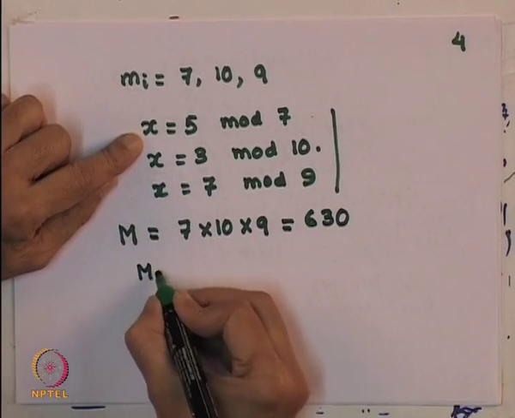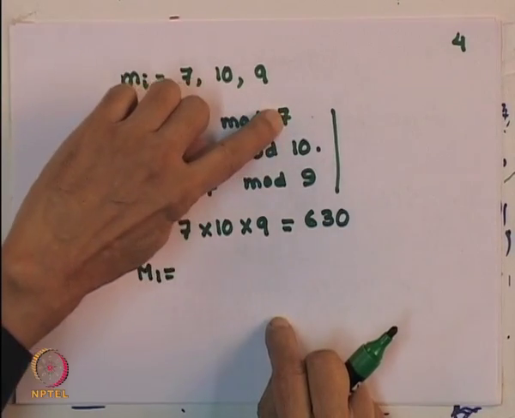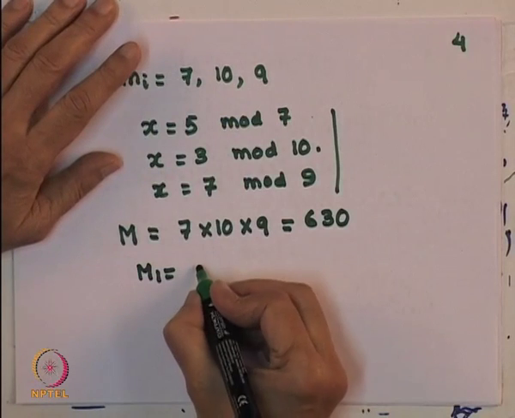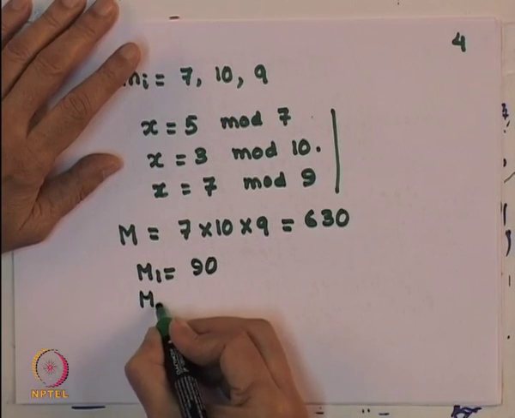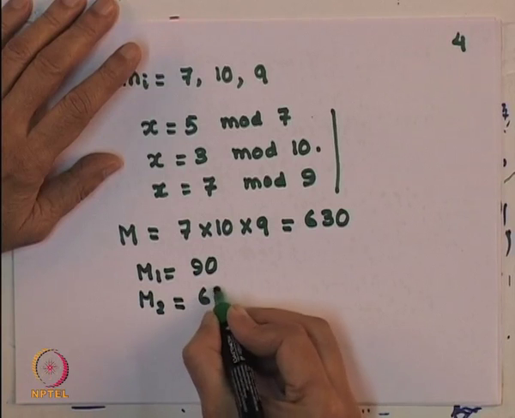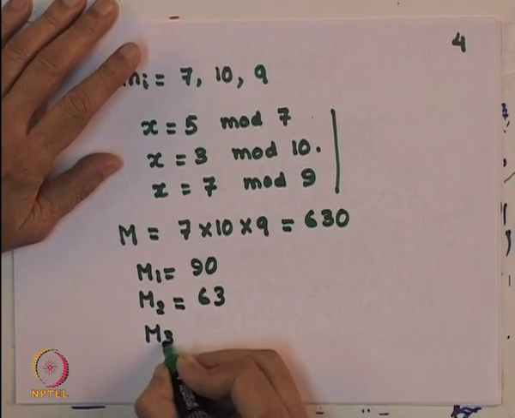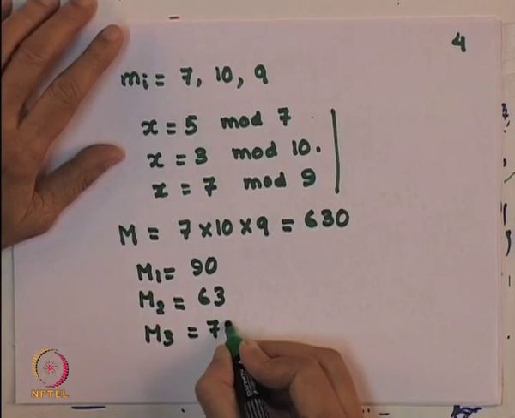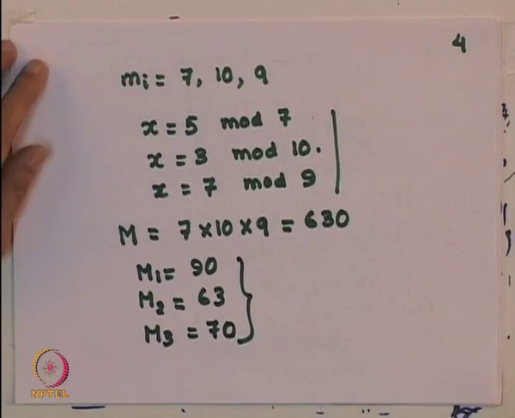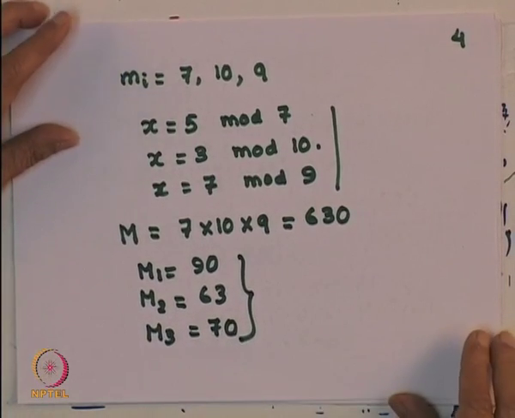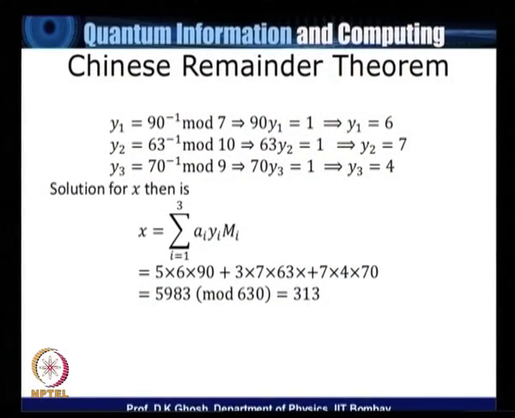M1, leave out the 7, so 10 into 9 is 90. M2 is 7 into 9 is 63, and M3 is equal to 7 into 10 is 70. Now we defined y1. We said y1 is equal to M1 inverse.